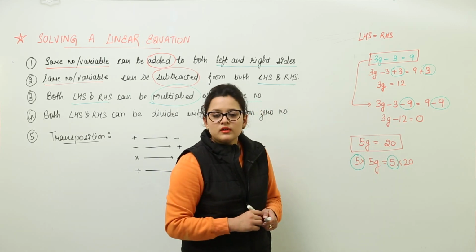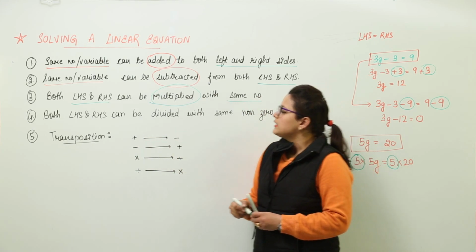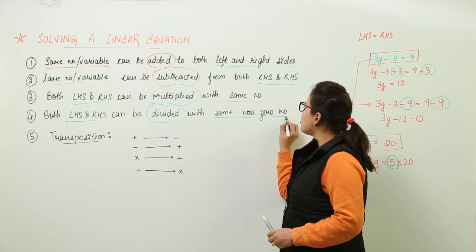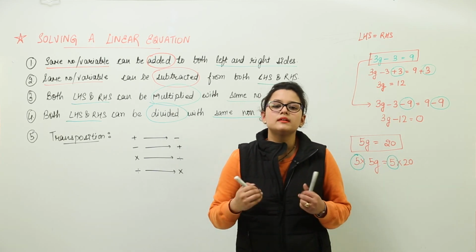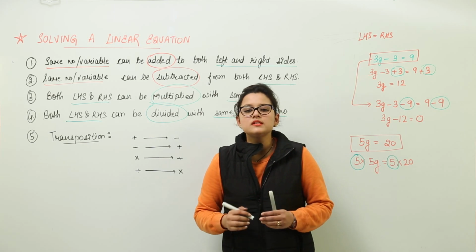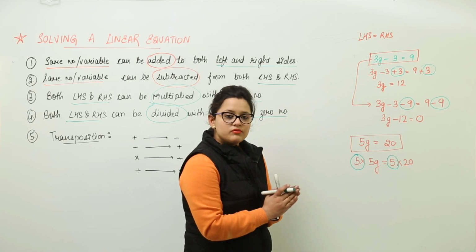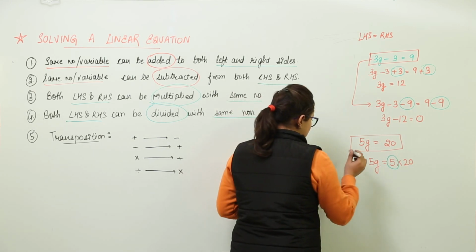The fourth rule is both the left hand side and right hand side can be divided by the same non-zero number. You cannot divide the sides by 0. Other than 0, you can divide them by any number, but the number should be the same for the left hand side and for the right hand side. Let us take the same example.